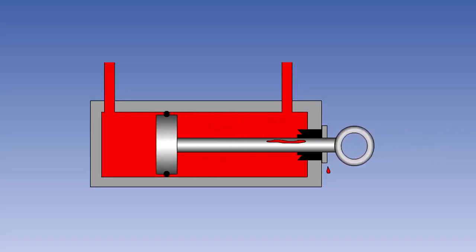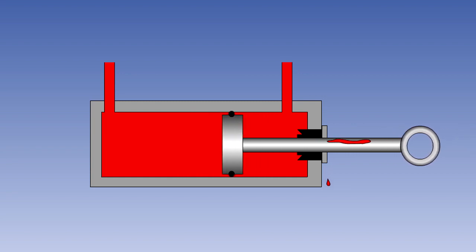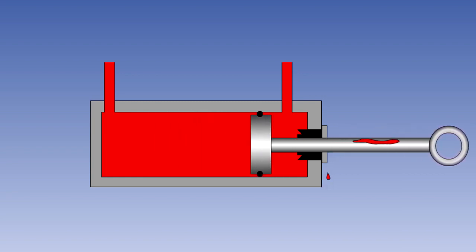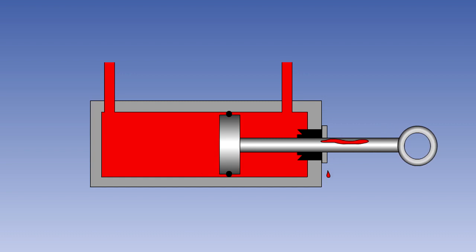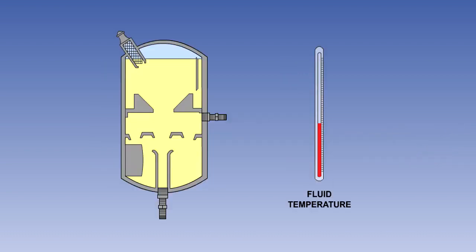Firstly, no system can ever be leak-free. In fact, we have already said that a very small amount of fluid is allowed to leak across the seals of actuators in order to lubricate them. Also, the fluid expands and contracts as it is heated and cooled.